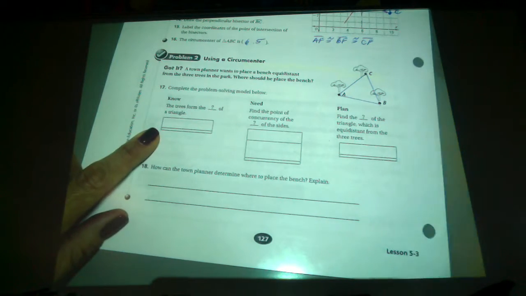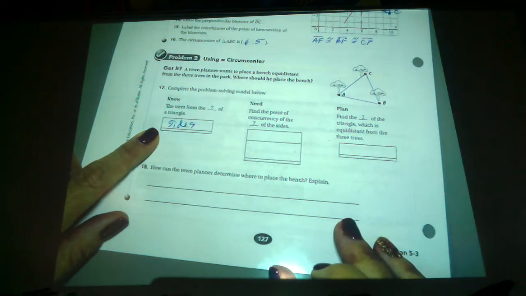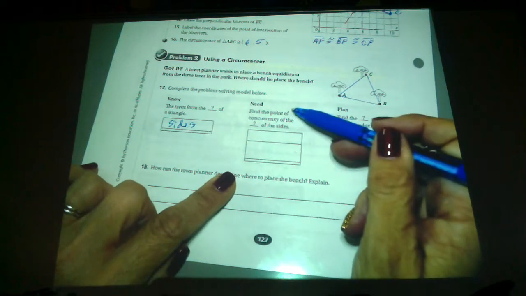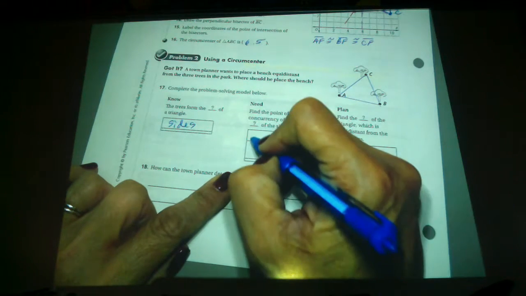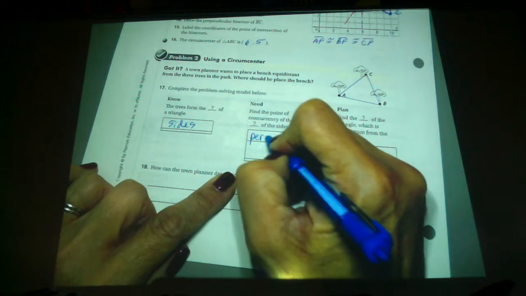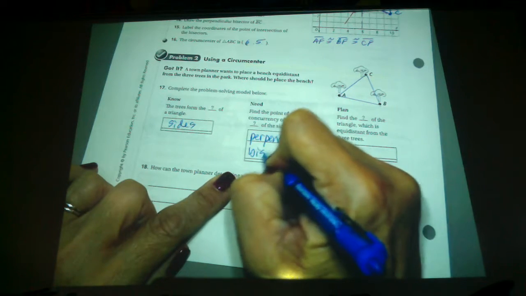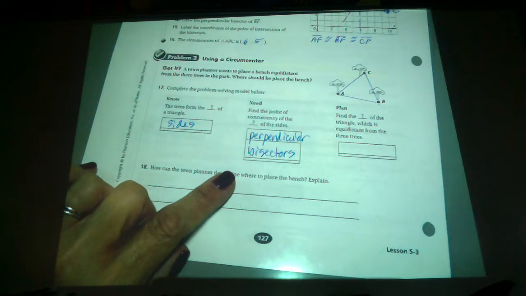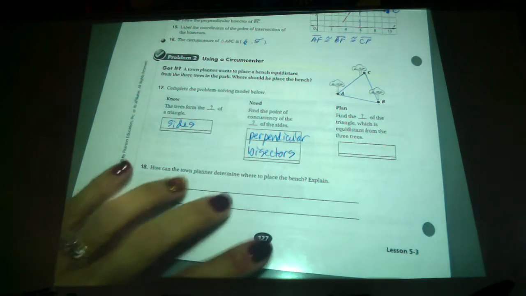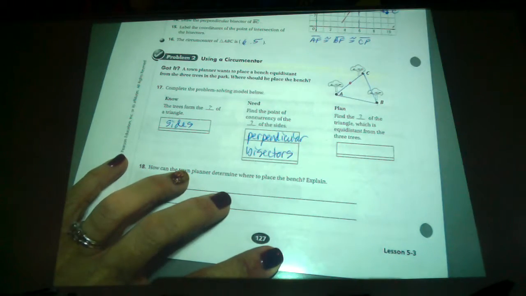The trees form the sides of a triangle. Find the point of concurrency of the, and they want here, perpendicular bisectors of the sides. So we're just going to eyeball it. Wouldn't this be, give or take, about the middle there?